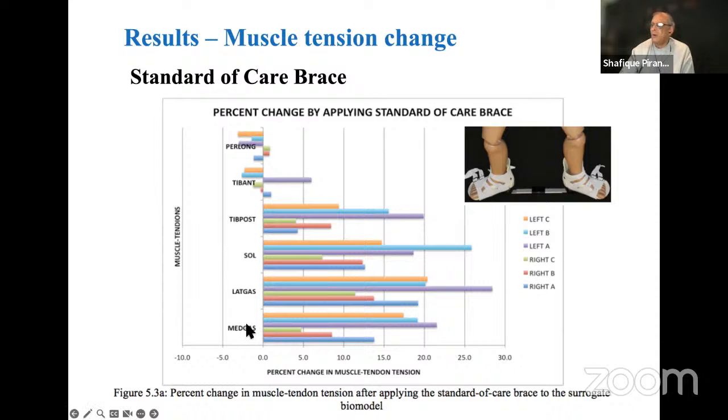You can see all these muscles, the tib post, the soleus, the lateral gastroc, medial gastroc, there's an increase in muscle tendon tension. That's why this brace is so important, because it maintains the stretch in those contracted ligaments, the posterior medial rotator fibrosis, which has been corrected by the casting.